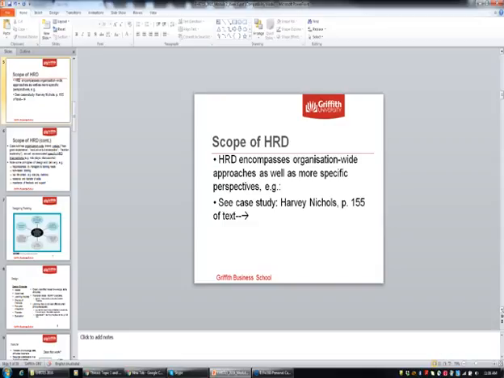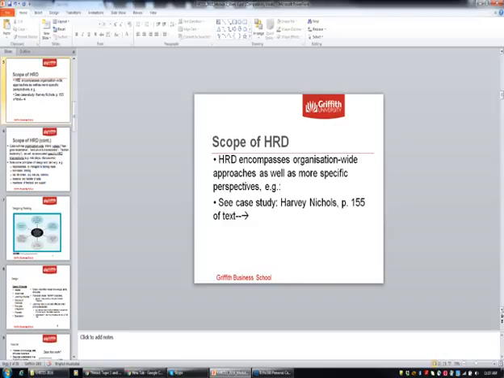For example, there might be new legislation that applies to the whole organisation, or a culture change that's necessary across a whole organisation, as well as much more specific perspectives. So a particular person might need help to get promotion to the next level, and that might be a leadership training course, or it might be learning a particular program, or that sort of thing. So it's important to be aware of the specifics of that.